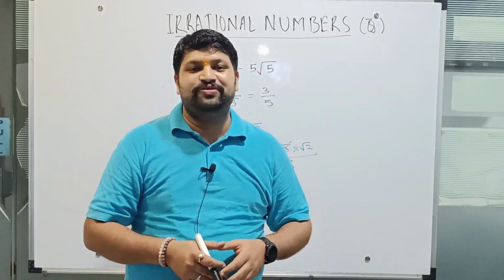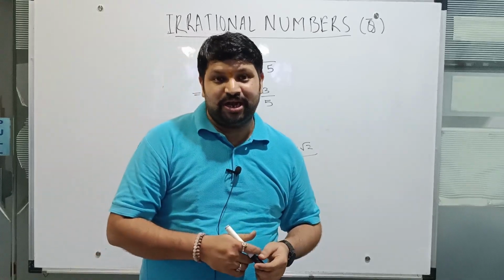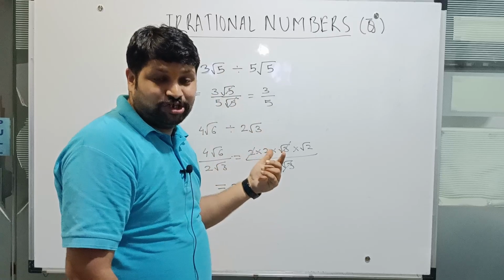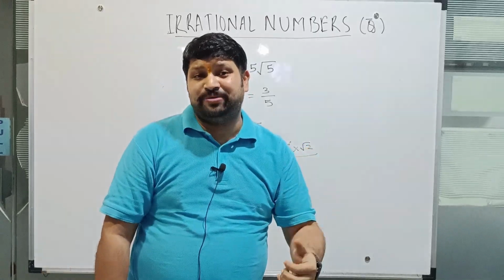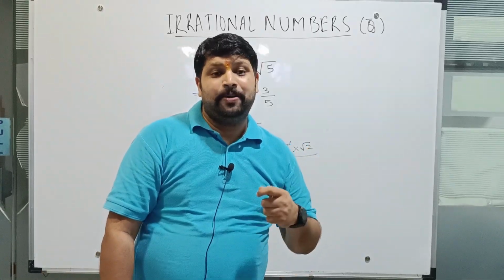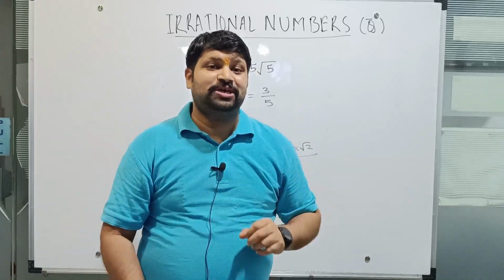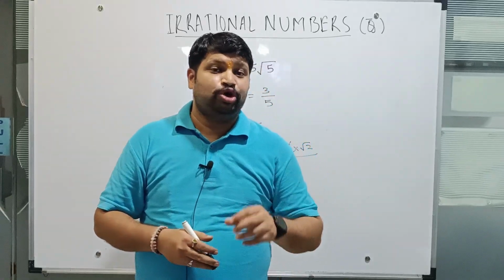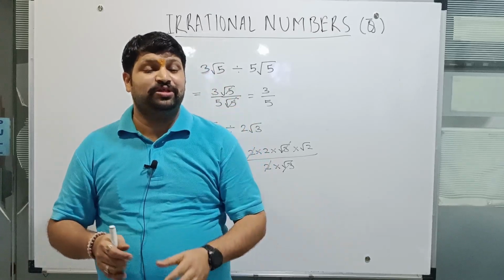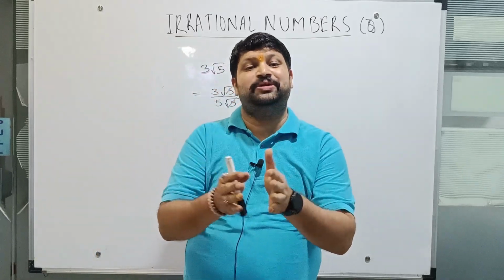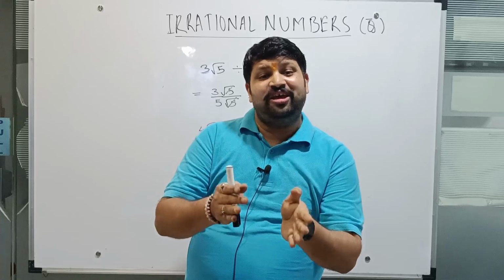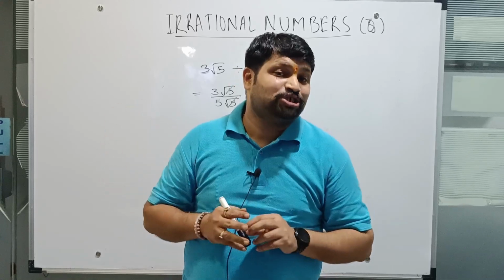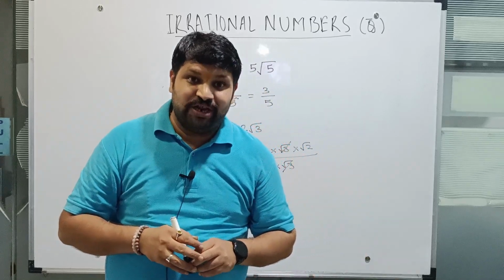This was about division of one irrational number by another irrational number, where we were just talking about a single irrational number. Now let us see what happens if we have to divide it by a number which has a sum. Now if we have to divide two numbers which are having a plus sign between them, so we have a rational part and an irrational part separated by a plus or a minus sign, then that is taught under a completely different topic called rationalization of the denominator of an irrational number.